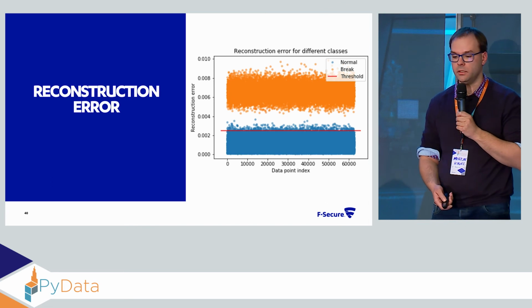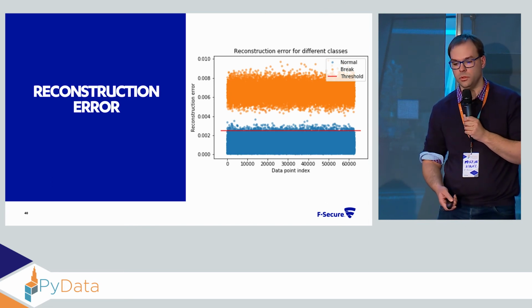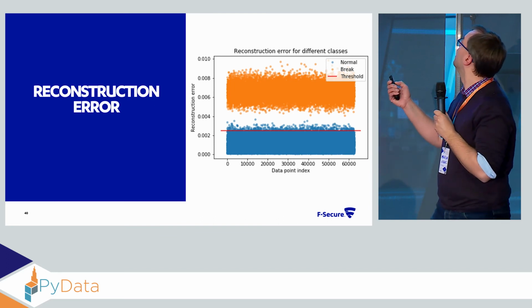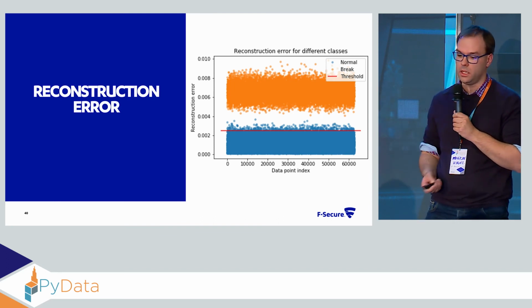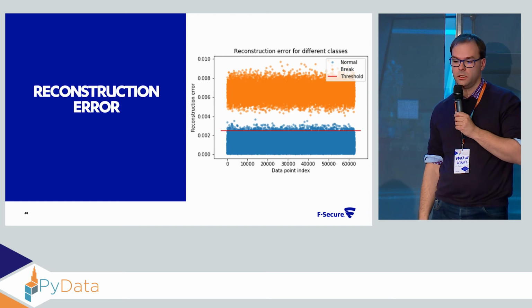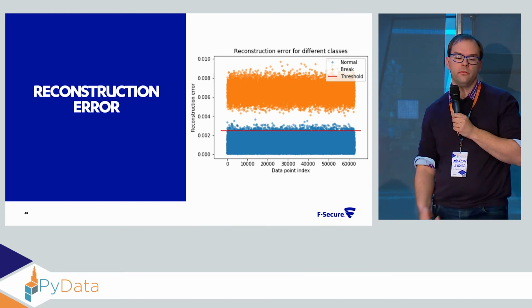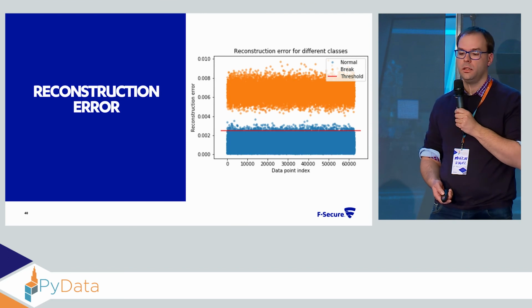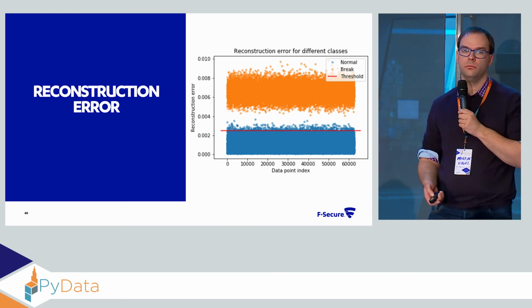So in production, we probably would put a threshold at the end of this region here, so that such points would be investigated by our threat hunters, and maybe with additional information from other events, it will be enough to justify if there was some malicious activity.